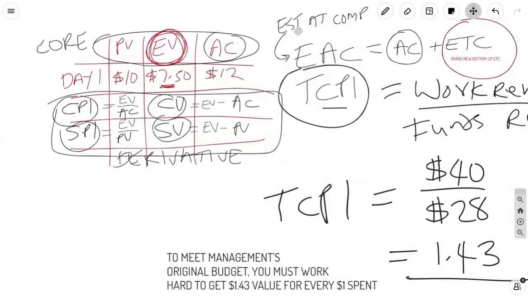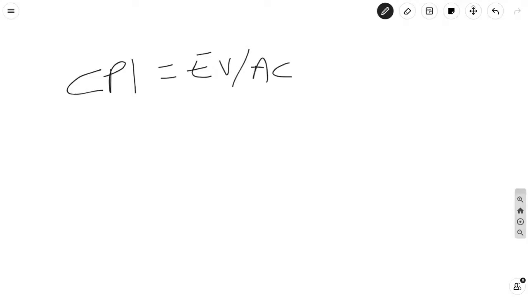So if we were going to do this for the numbers that we have here, 10, 7.50, and 12, let's go to a blank place here. So we can now calculate the CPI, which is earned value divided by actual cost. In this case, the earned value was $7.50 and the actual cost was $12.